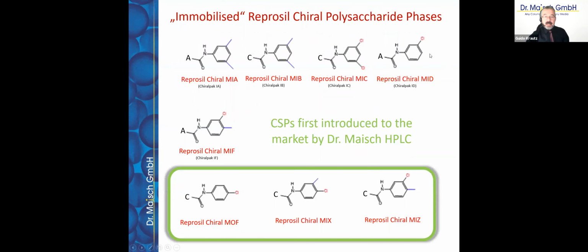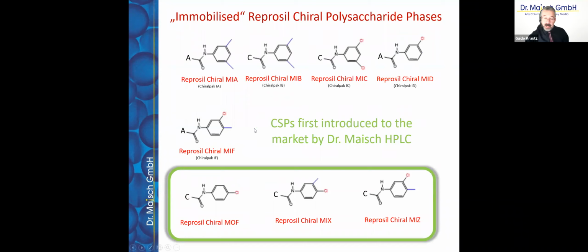So here are examples of the immobilized chiral stationary phases. And we have 8 of them. These are equivalents to the phases from Daicel called IA, IB, IC, ID, and IF.